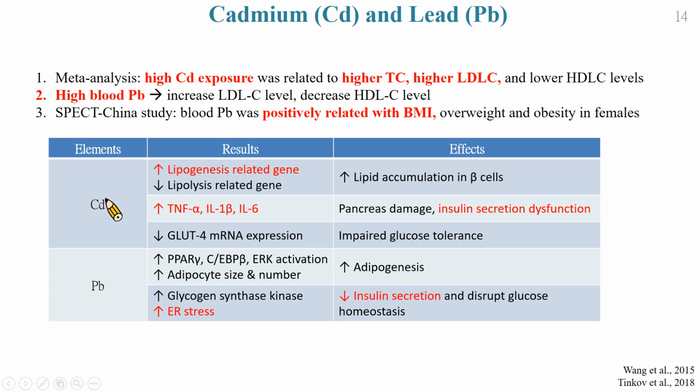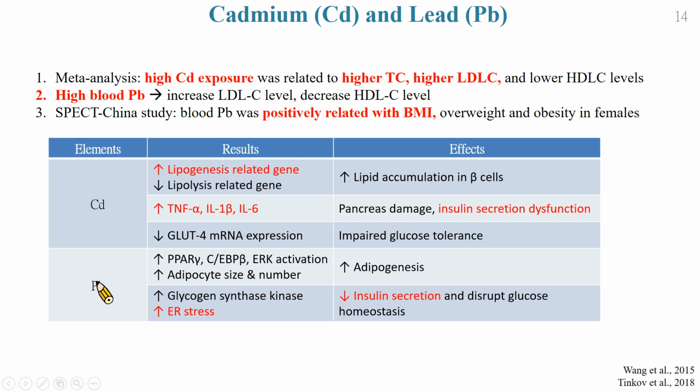For example, cadmium is known to increase lipogenesis-related genes and decrease lipolysis, and also increase pro-inflammatory cytokines like TNF-alpha, IL-1 beta, and IL-6, but also decrease glucose transporter gene expression. So subsequently, if individuals have increased cadmium exposure, then this will increase lipid accumulation, but decrease insulin secretion and glucose tolerance.